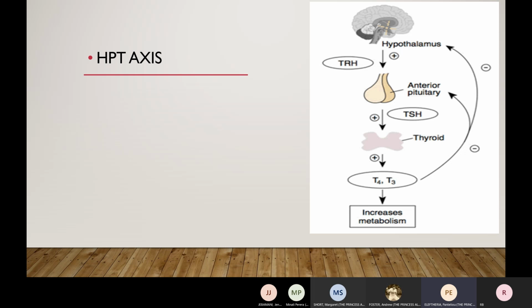That stimulates the anterior pituitary to produce a glycoprotein called TSH that goes into the main circulation to stimulate thyroid hormone production from the thyroid gland. And obviously you have a negative feedback from the periphery towards the hypothalamus and the pituitary, finally regulating the levels of thyroxine.